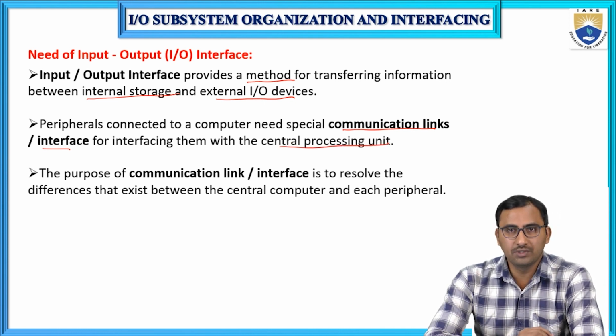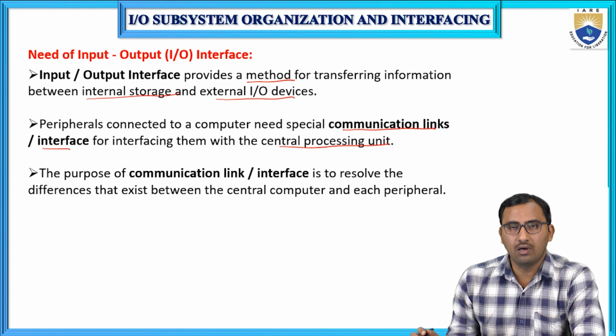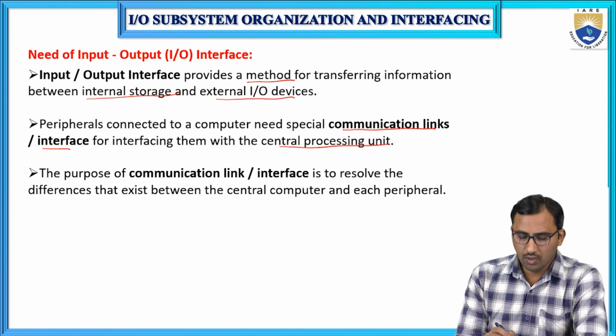Already we have seen in the previous one that there is a difference between the central processing unit and the IO device. In order to resolve those differences, we are using special communication links or interfaces between the CPU and the IO devices. Those special communication links are called interface circuits.